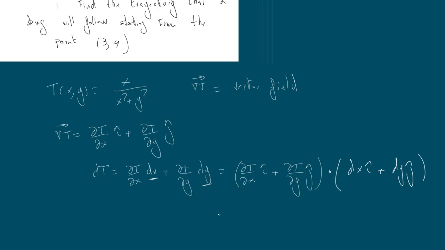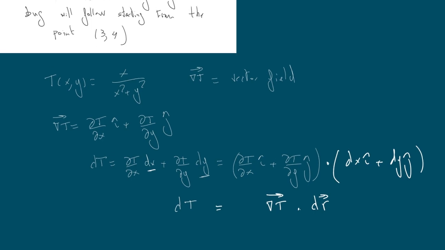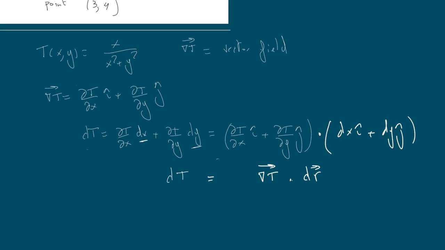So we are defining the gradient of T as this vector, the vector between parentheses. So what we are saying is that the change in the temperature is the dot product of the gradient of T by dr. So why is the gradient of T pointing in the direction of maximum increase?